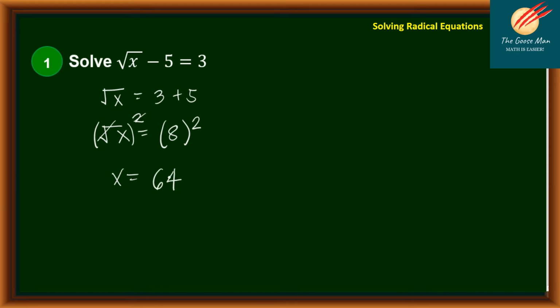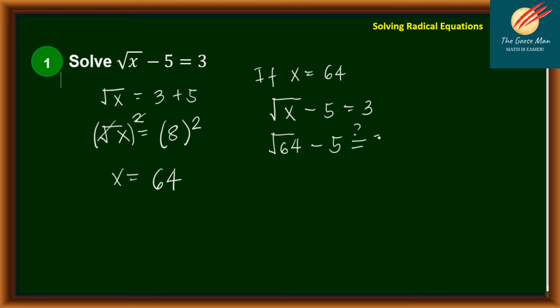Now that we found out that the value of x is equal to 64, we would like to check whether this value will make this statement true. So if x is equal to 64, substitute this in the original equation. So that is square root of x minus 5 is equal to 3. So we have square root of 64 minus 5. Is it the same as 3?